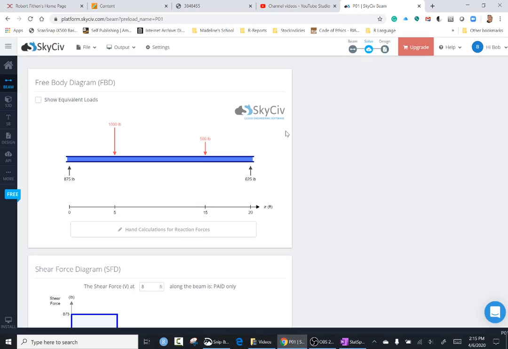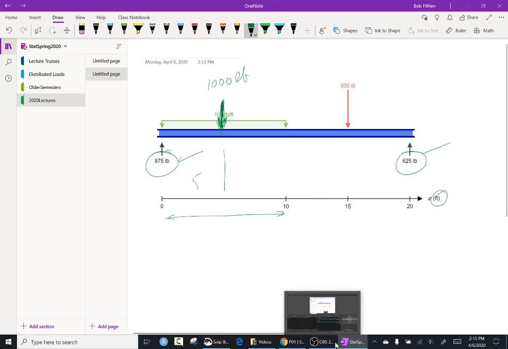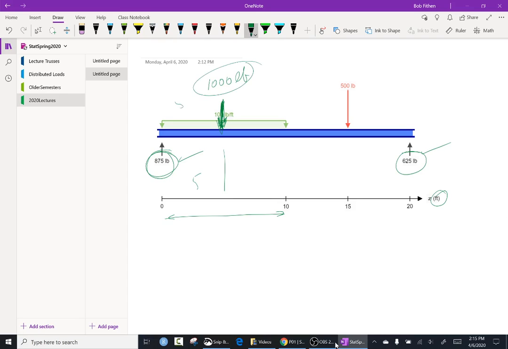We have 875 on the left and 625 on the right. Was that what we ended up with? 875 on the left, 625 on the right. So as far as the reaction goes, this 1,000 pounds at 5 foot over is exactly the same as a distributed load.